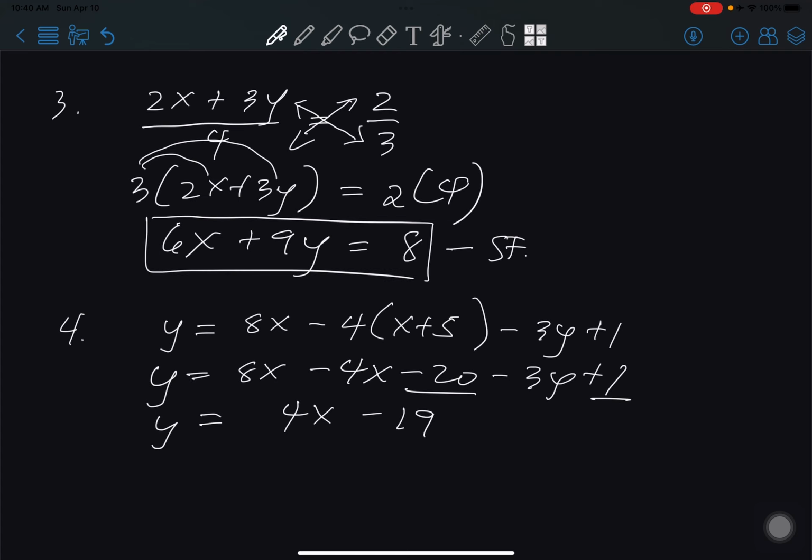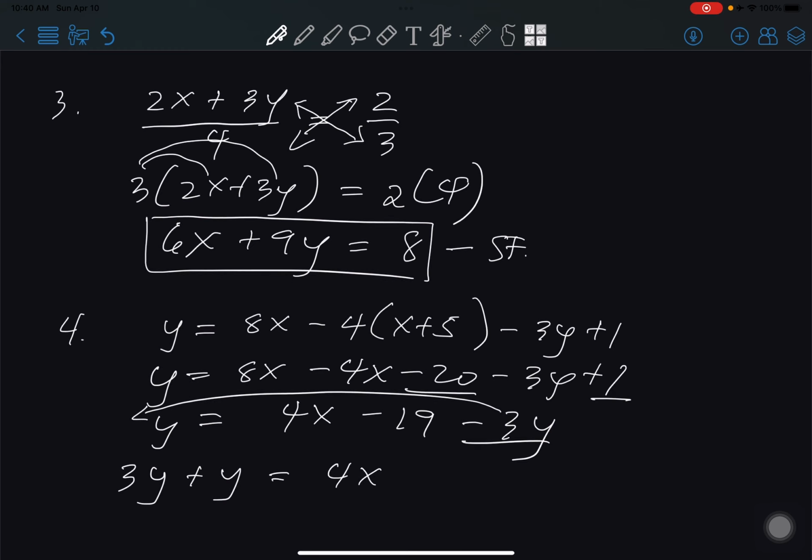Then copy here your minus 3y. However, we have here your negative 3y or minus 3y. It must be transposed going to the other side of our equation. This will be transposed here. So since it's negative 3y, that would become now 3y plus y is equal to 4x minus 19.